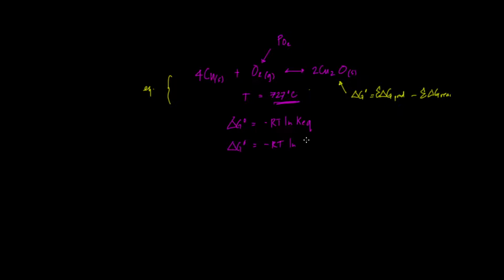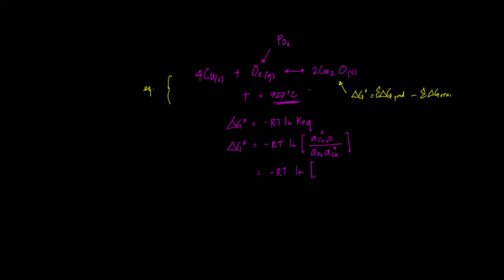KEQ here is equal to the activity of the products, which is Cu2O raised to the power of 2, squared kasi 2 siya. Tama? But later, you'll find out na hindi na nagmamatter yun. No? So that's over activity of O2 over activity of copper raised to the power of 2. Tama? Tapos, we can further simplify this KEQ term. We know that for condensed pure phases, equal lang yung activity niya to 1.